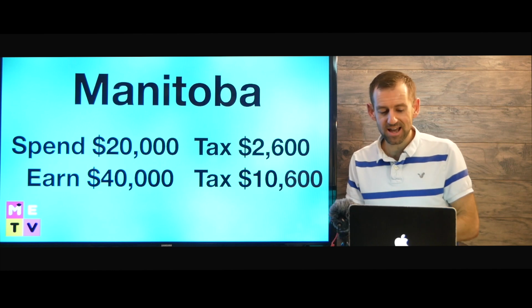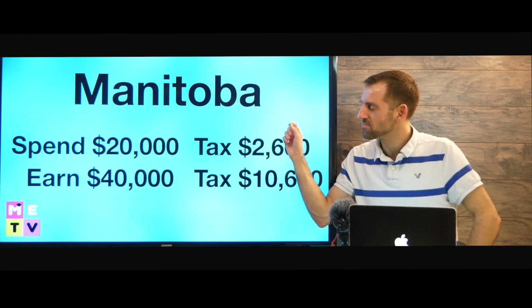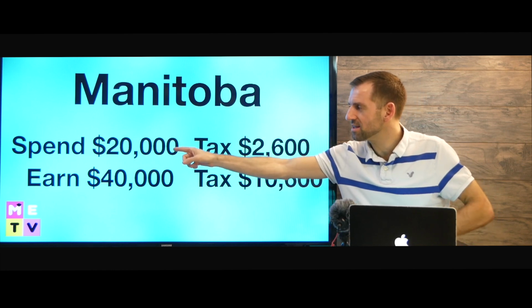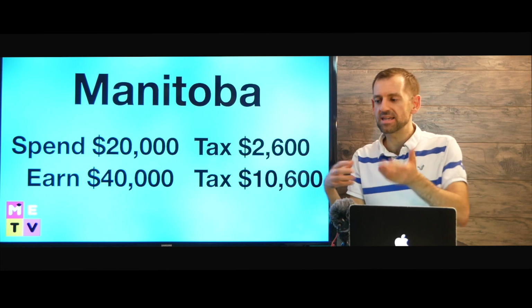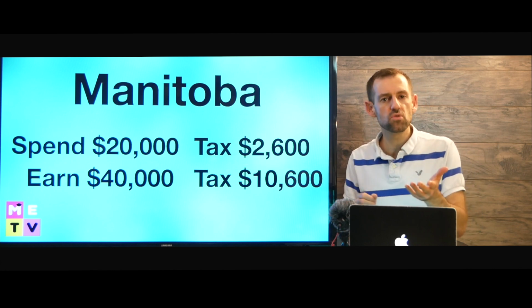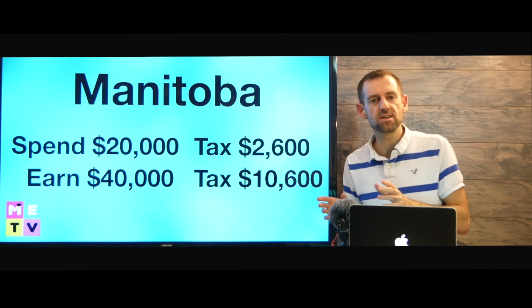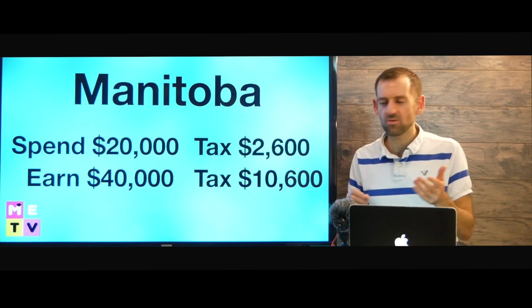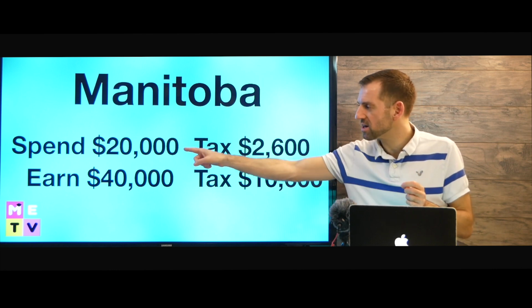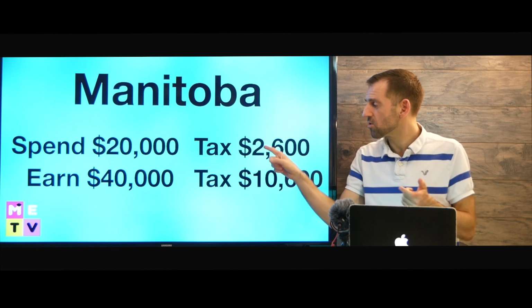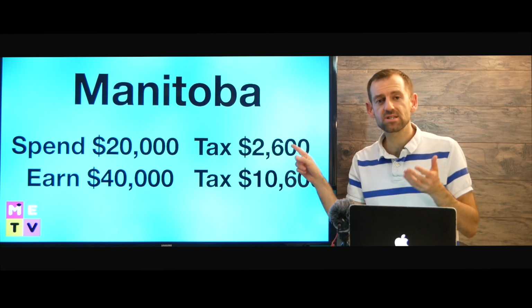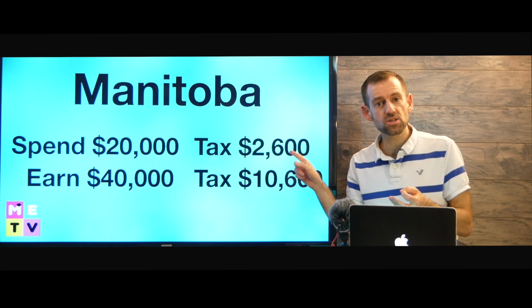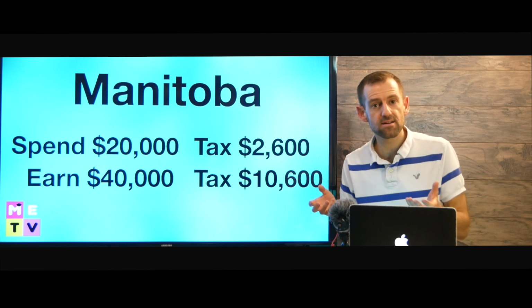Let's say, for example, you live in Manitoba and you spend $20,000 a year on things like food. Maybe you buy a new TV or a car, something like that. You spend $20,000. That means you're going to pay about $2,600 in taxes on everything you buy.